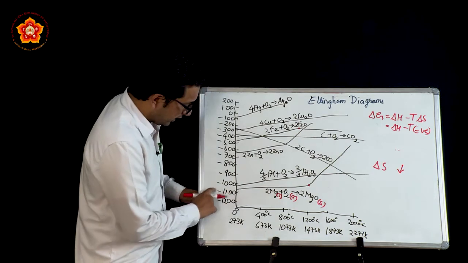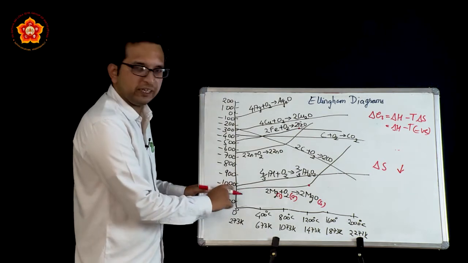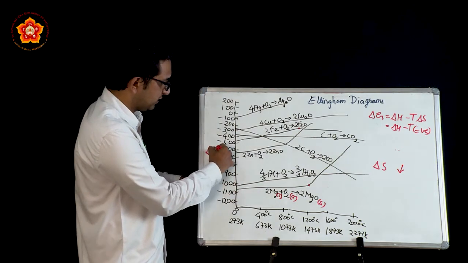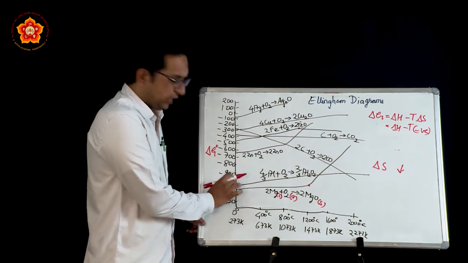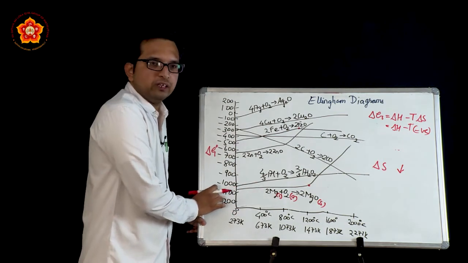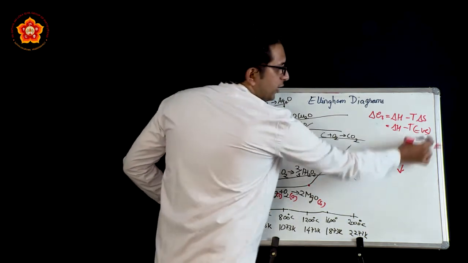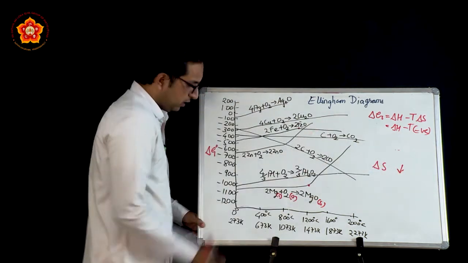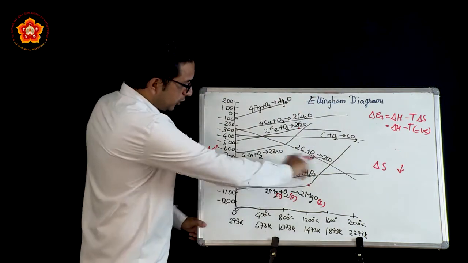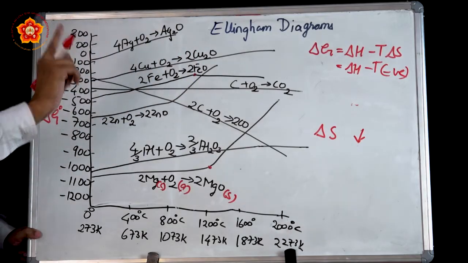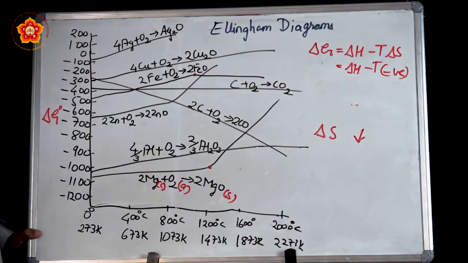But then, because the negative delta G values are pretty high, this axis is basically delta G naught. The delta G values are actually pretty negative, and slowly, because the entropy is decreasing, the delta G value increases. So you can see that for almost all the metallic reactions, the curve is going upwards.